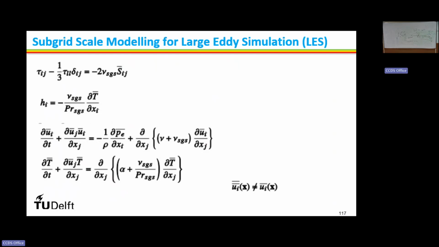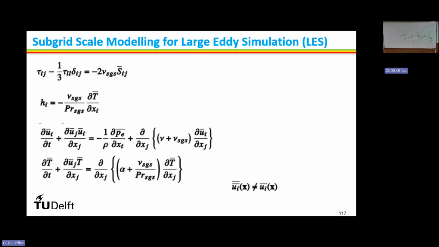Now the task is to determine the SGS, or subgrid scale, stress. How to determine it? There are several large eddy simulation models that exist to determine the subgrid scale stress.